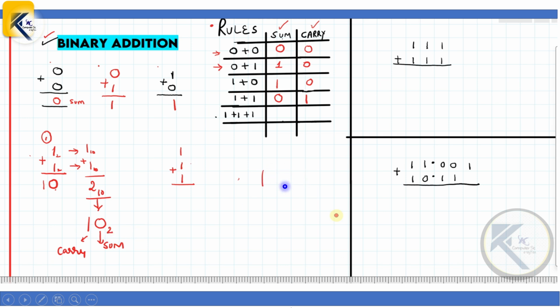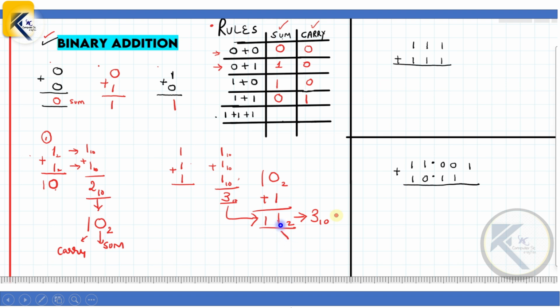So 1, 0, and if I add 1 to it in binary, we get 1, 1. Now in decimal, if we add 1 three times, what will we get? 3. And its binary code is 1, 1.